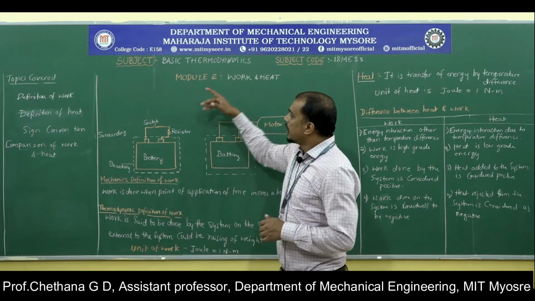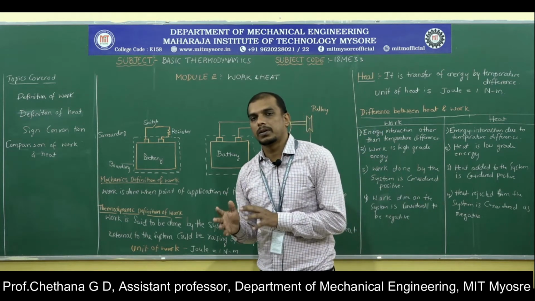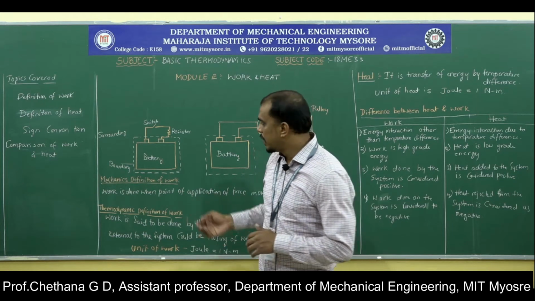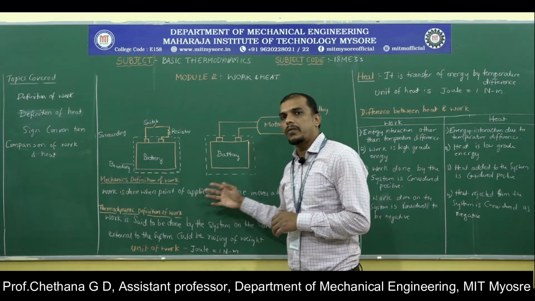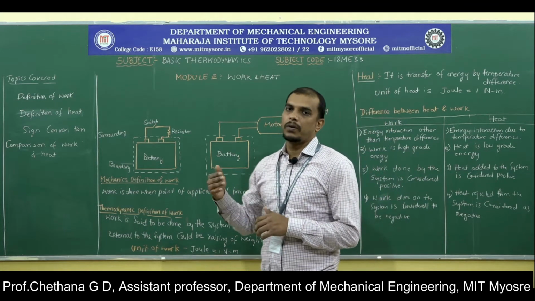Now, look at the mechanics definition of work. We already have come across the definition of work in mechanics. That is, work is said to be done when the point of application of force moves an object in the direction of force.